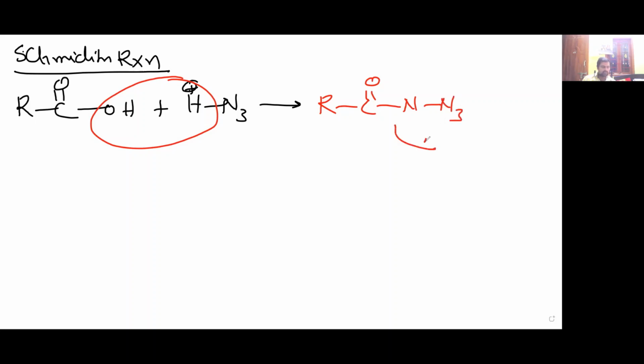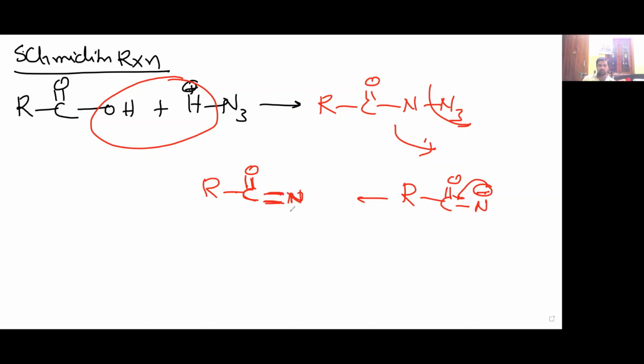So the next it is here N3 is eliminating. Then RC double bond O, N is there. So here N has negative charge. So this negative charge is shifted. Then R, C double bond O, double bond N, unstable. Carbon 1, 2, 3, 4, 5 bonds, unstable. Here nitrogen 2 bonds is there, means it is called as nitrene.